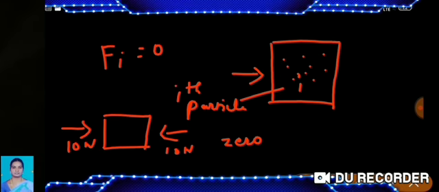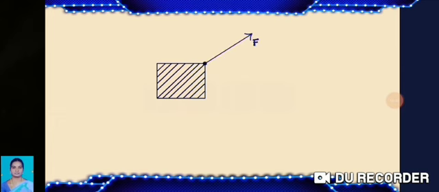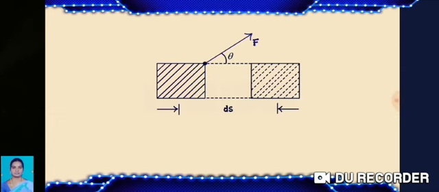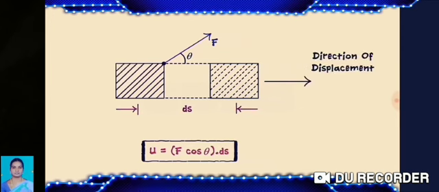Now, before we discuss the virtual displacement, we will learn about the work done by a force. If a rigid body is subjected to a force F which causes an infinitesimal displacement ds, then the work done by the force is given by U is equal to F cos theta into ds, where theta is the angle between the direction of force and the direction of displacement.